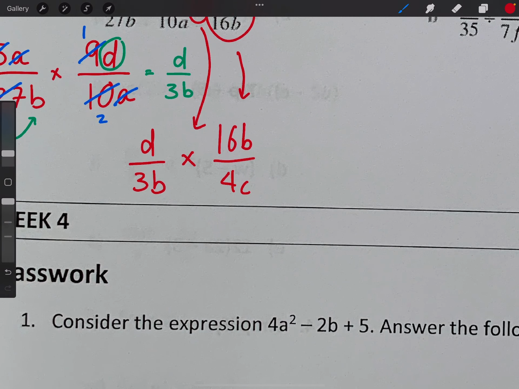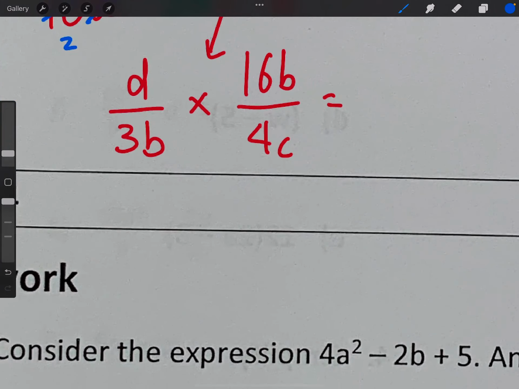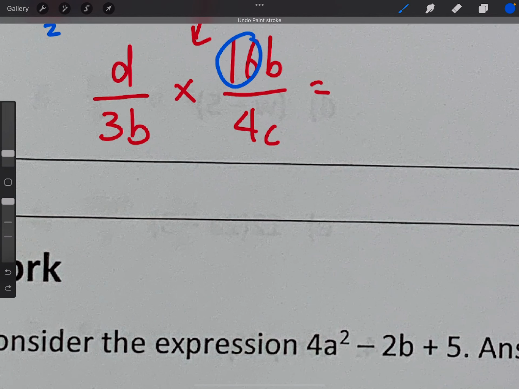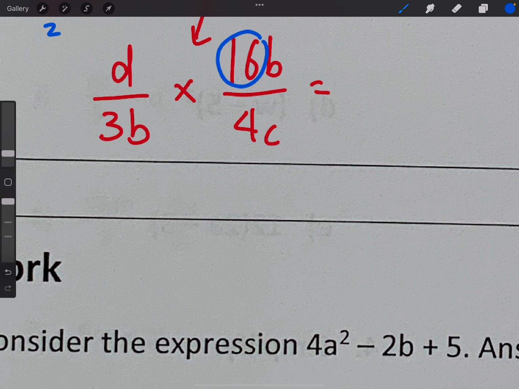Alright, let's see what we get. Let's look at the numbers. Can I do anything about 16 and 3? No. But I can do something about the 16 and 4. As long as it's one from the top, one from the bottom, we can simplify this. So we can divide them both by 4. We get 1 here, we get 4 here.